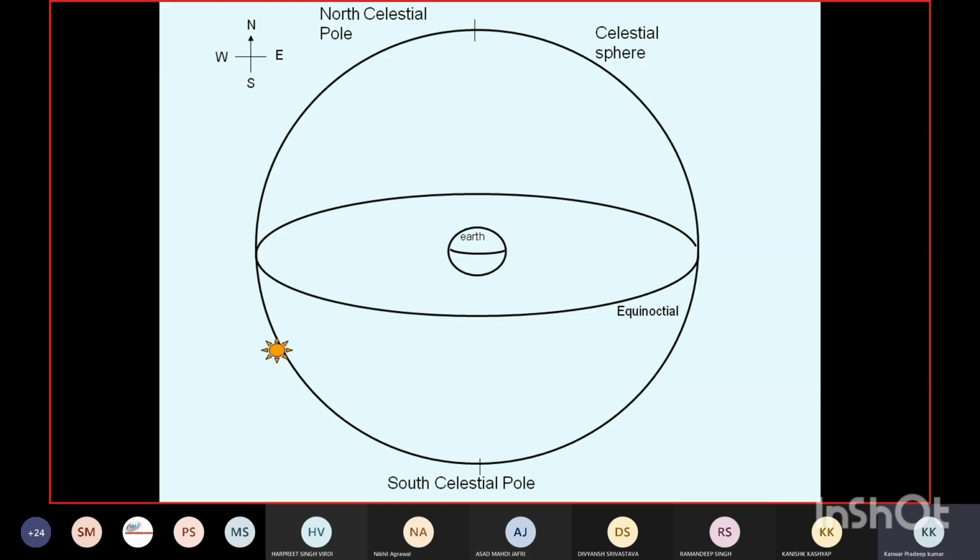But we know that the sun is fixed. Sun is not moving in the center of the solar system. So how does this declination of the sun change? Anyone can give me any idea? We have done it very clearly in the seasons. Anyone?